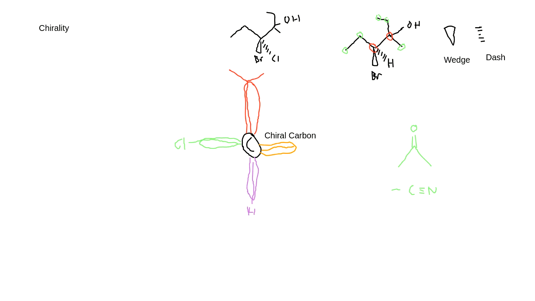Okay, chlorine is the heaviest group, and then after chlorine, it's going to be isopropyl, and after isopropyl, it's going to be methyl, and then after methyl, it's going to be hydrogen.